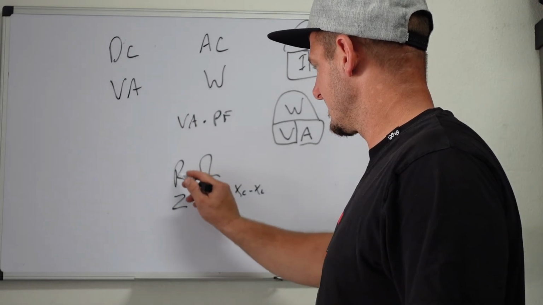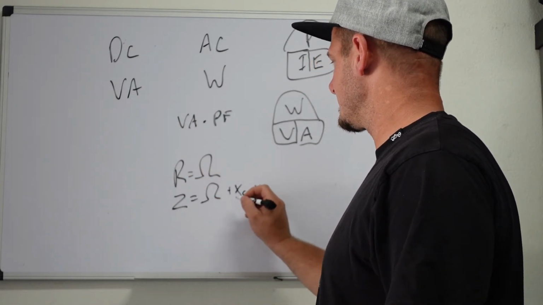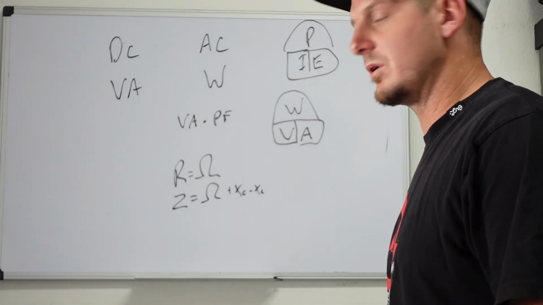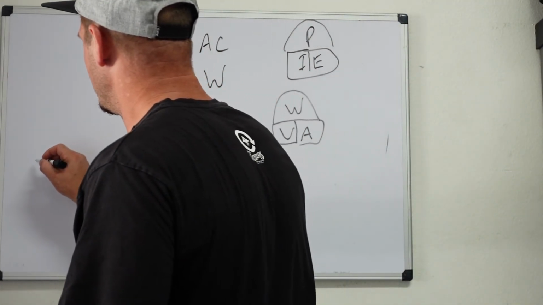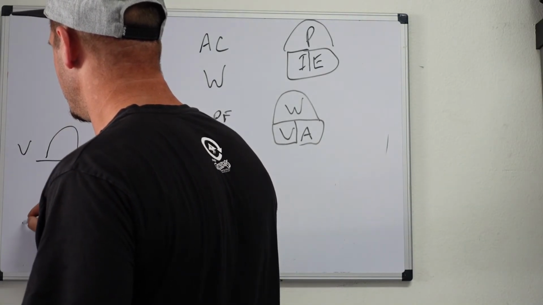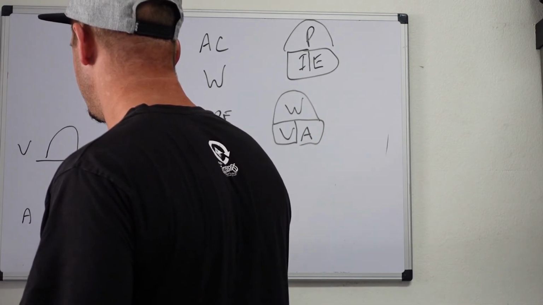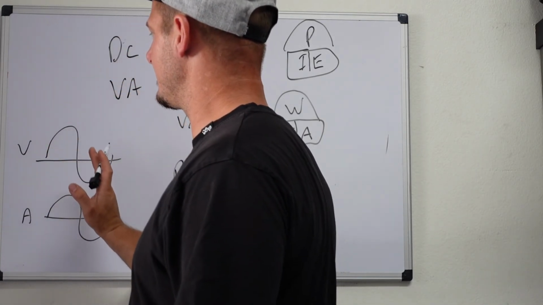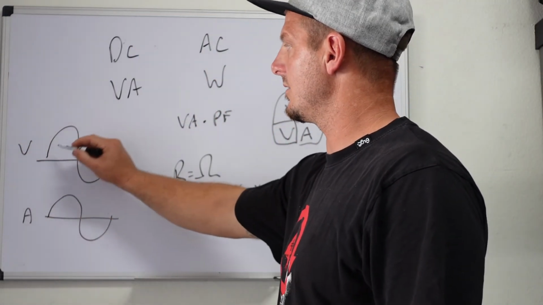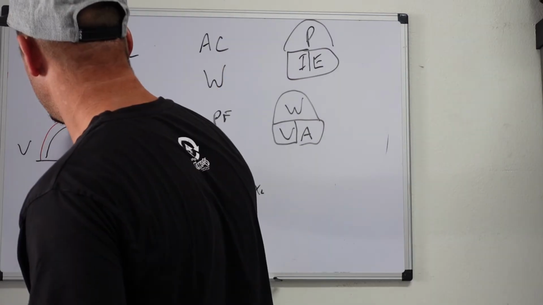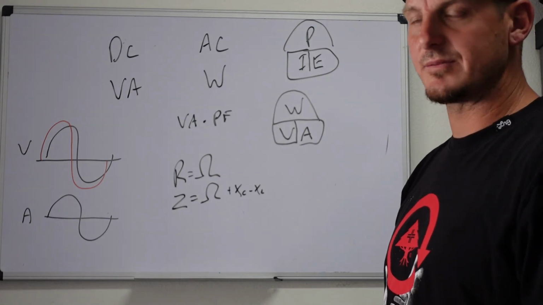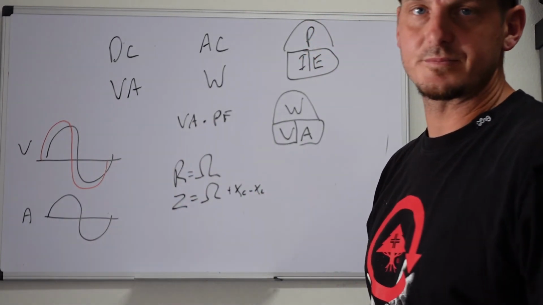Impedance, which is Z, where R is resistance in ohms, plus the effect of capacitance minus the effect of inductance, right? And what's going to happen there is you're going to have a sine wave for voltage and a sine wave for amperage, right? If they shift because of capacitance or inductance one way or another, and they're not aligned, let's say the current sine wave is slightly behind or it lags, it's going to adjust your power factor, okay?